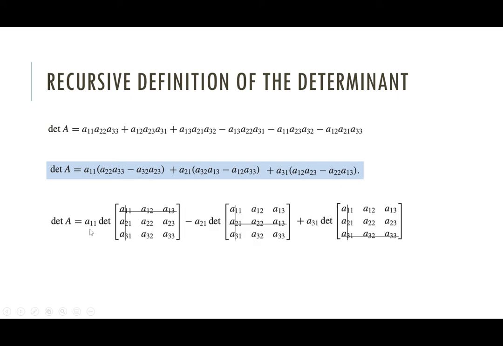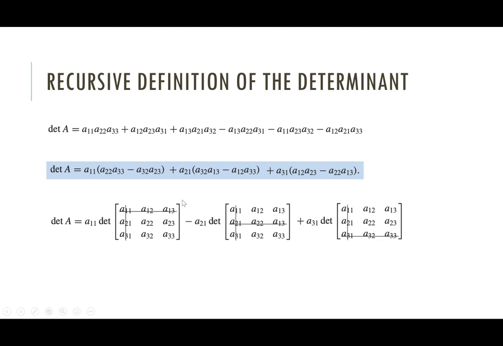And in fact, your book notes, because your book talks about this, but it's a theorem, not a definition, that the determinant of A is A11, the first entry, times the determinant of the matrix you would get if you crossed out the row and column that A11 is in.